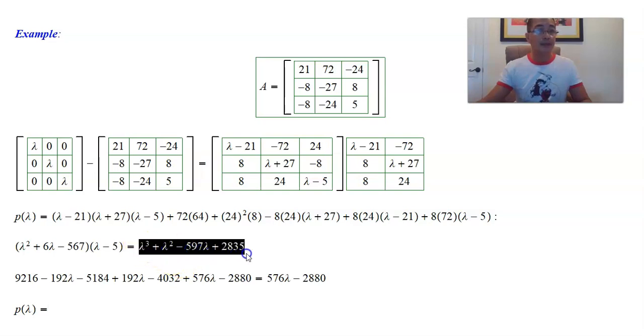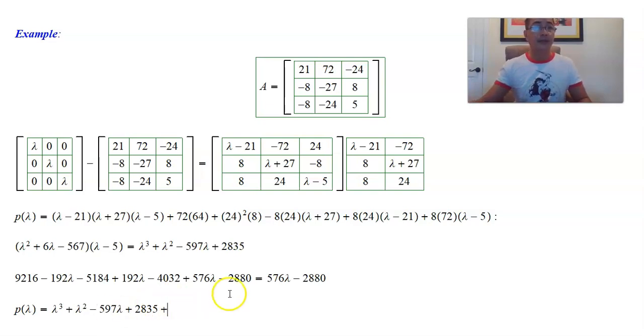The first term is this, and then we will add the 576 lambda minus 28. So we will get, there you go, lambda cubed plus lambda squared minus 21 lambda minus 45. So even though it started out with big numbers, they got simple real quick.